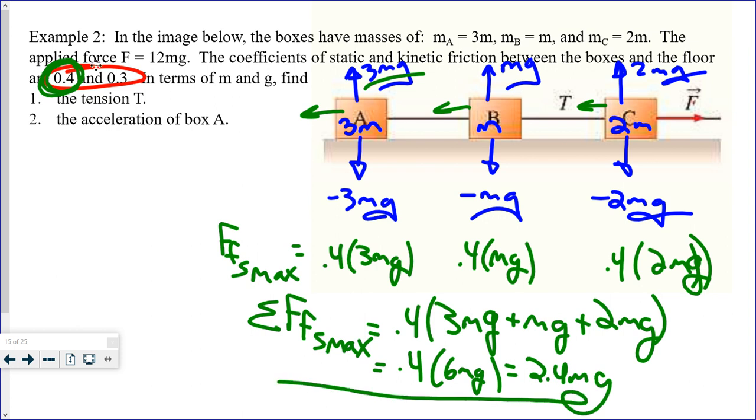Since our force over here is 12mg, this is not going to be enough friction to keep it at rest. So we must be dealing with kinetic friction.